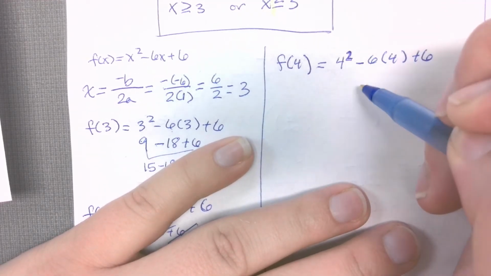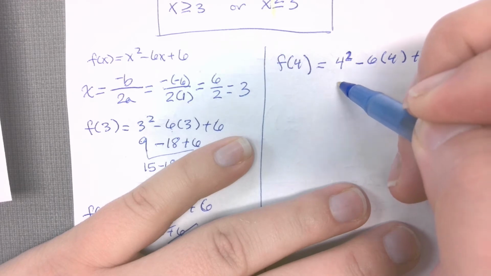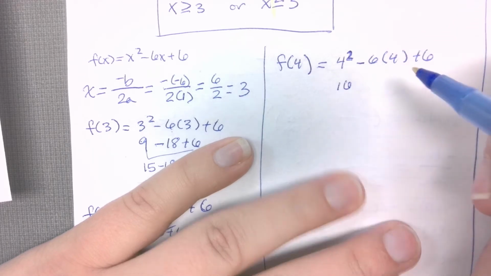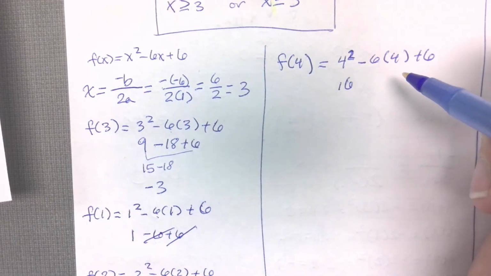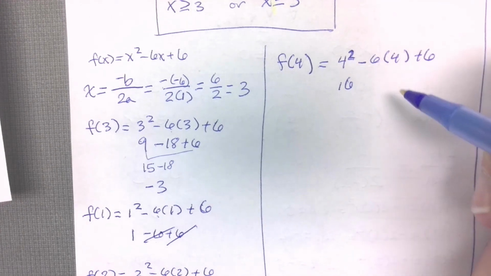What's 4 squared? 4 times 4? 16, right? Yeah. Jacob V, negative 6 times 4?